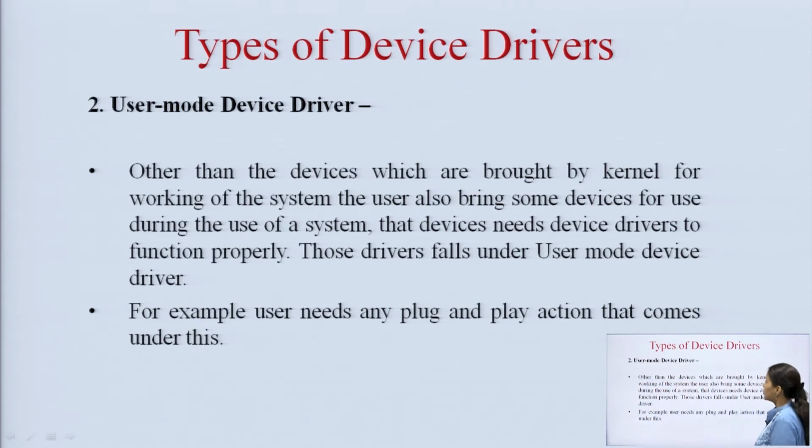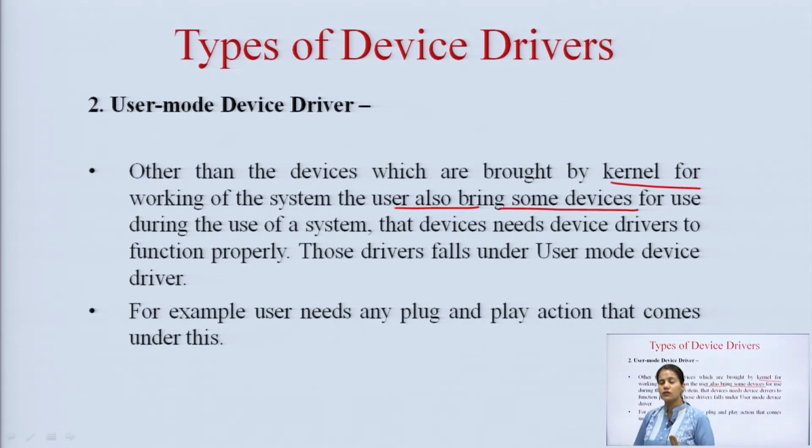When we talk about the user mode device driver, other than devices which are brought by the kernel for working of the system, the user also brings some devices for use during the use of a system, that is use of an embedded system. Those devices basically need certain device drivers to operate. Like, as we have already discussed, suppose we are using a printer.